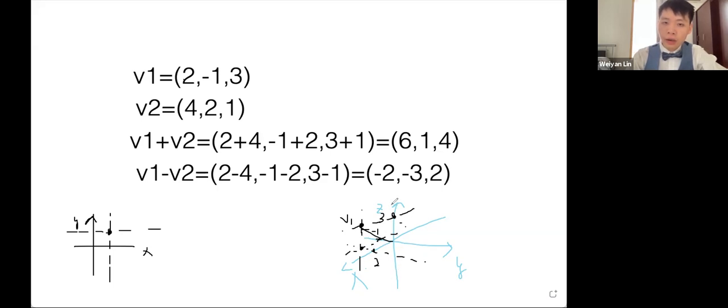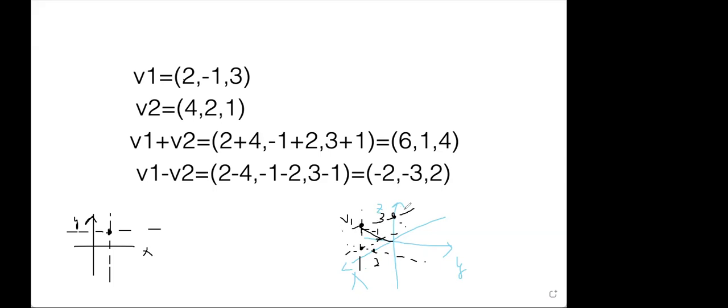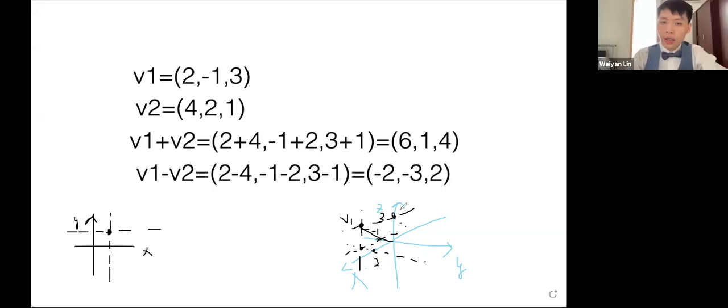This one would be parallel to the z-axis, and then you find the z value of 3. Does that make sense? Yeah, it makes sense. I'm following. All right.